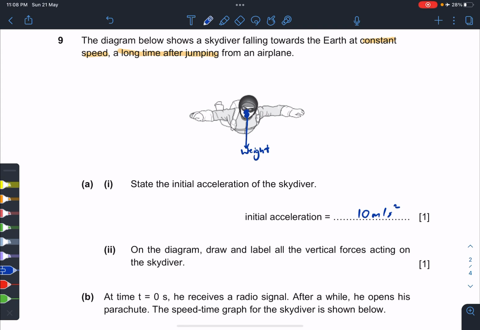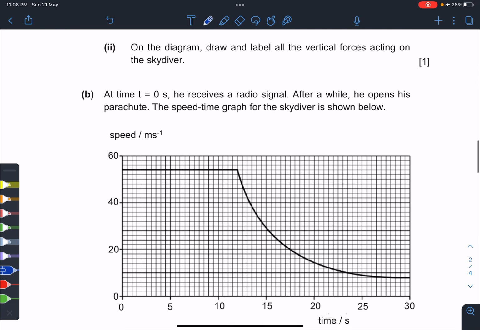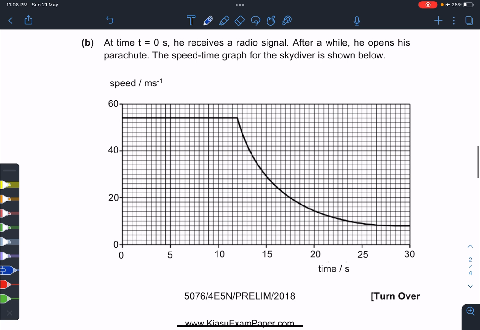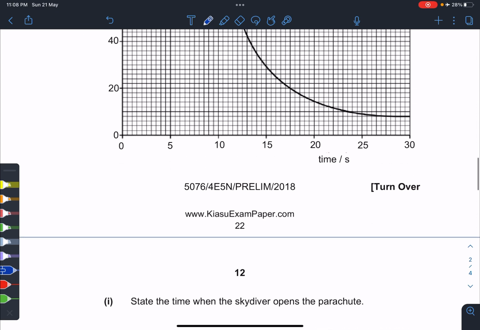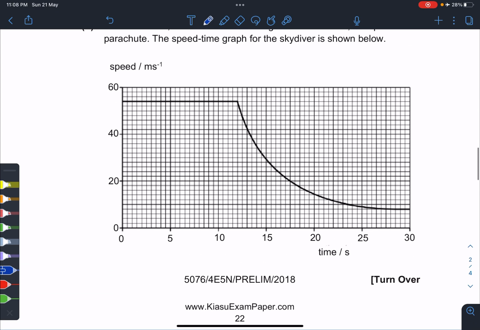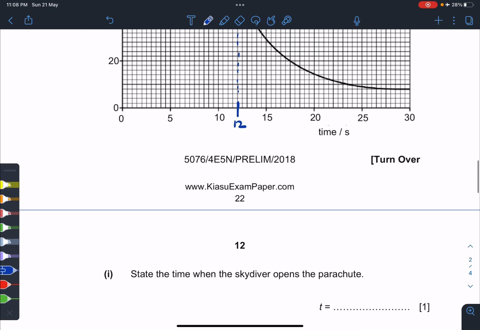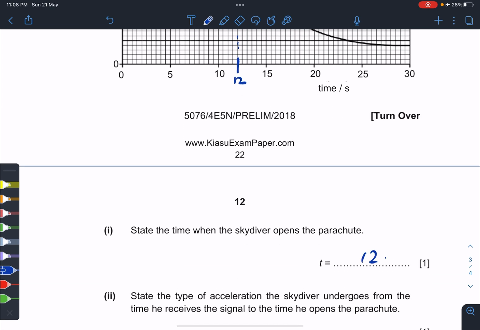Same also about the middle, go up, this is your air resistance. Next portion, they ask you to state the time when it opens the parachute. So you just look at the graph and figure out. 12. So the answer here is 12 seconds.